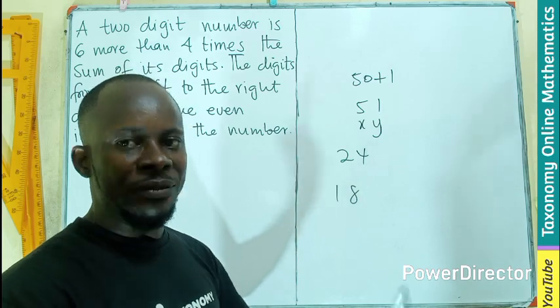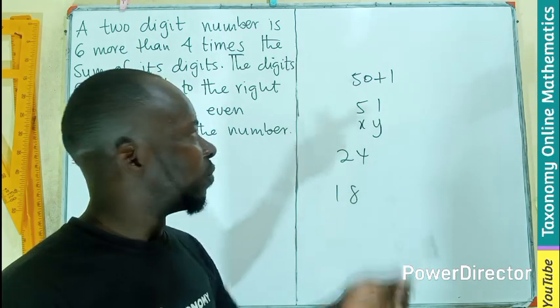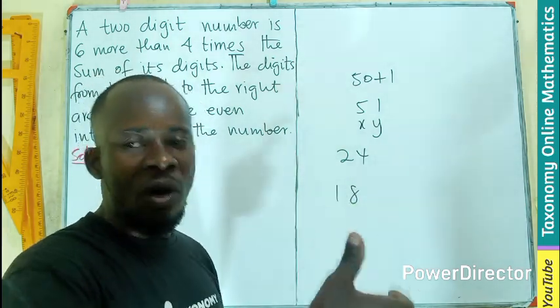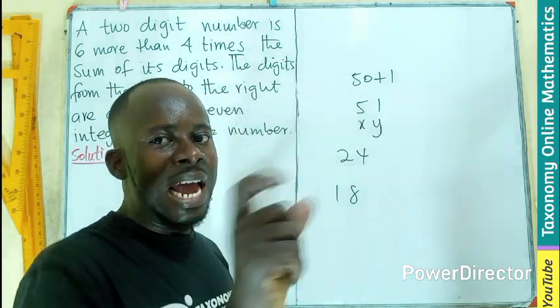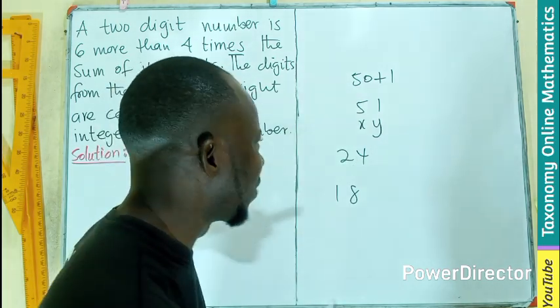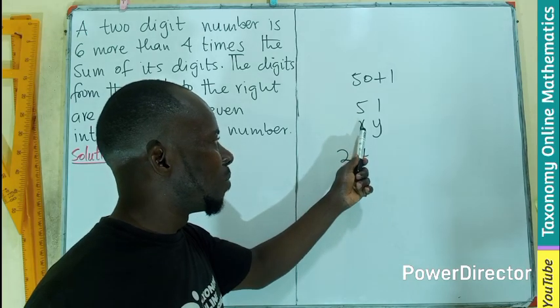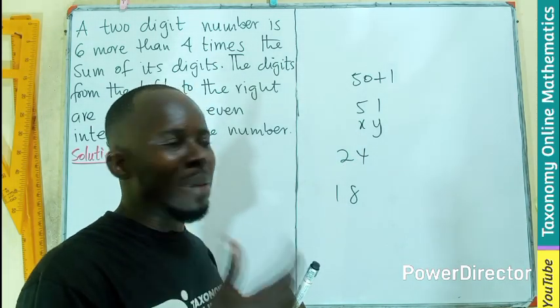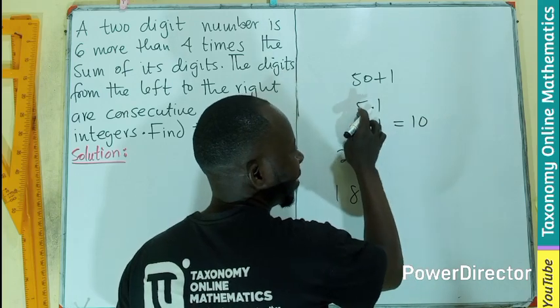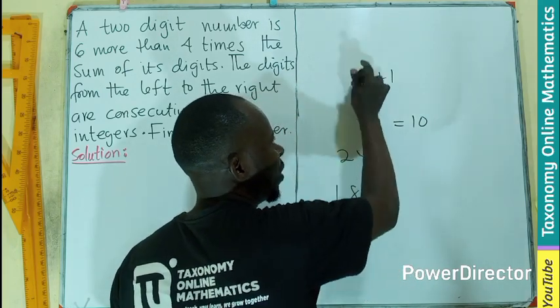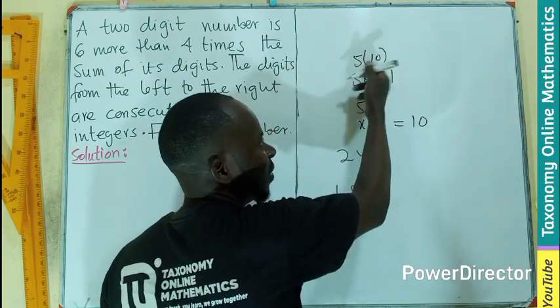Do you get it? 5 and 1 are the digits of the number 51, the tens and ones. So if I am replacing the 5 by x, I should have in mind that it is actually 5 in the tens position, multiplying by what? 10, right?